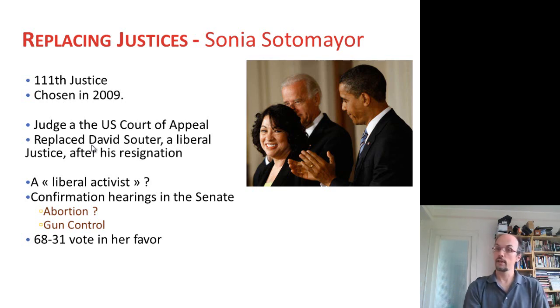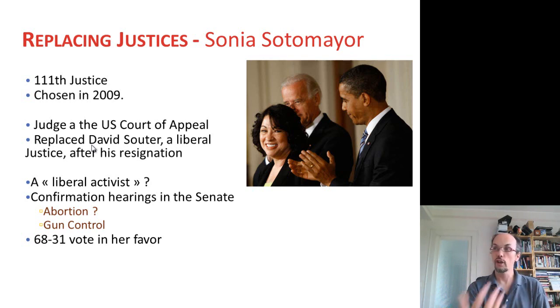Yet, the Senate voted 68-31 in her favor. Republicans voted for her, even though she was clearly on the left. She was on the left because she was chosen by Barack Obama, but she was acceptable.